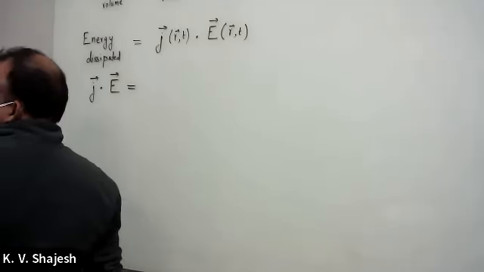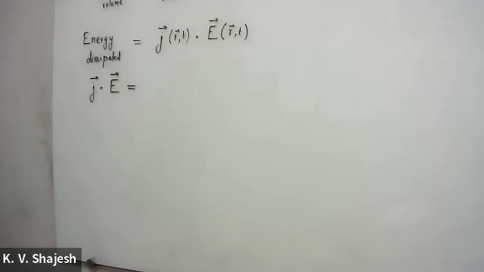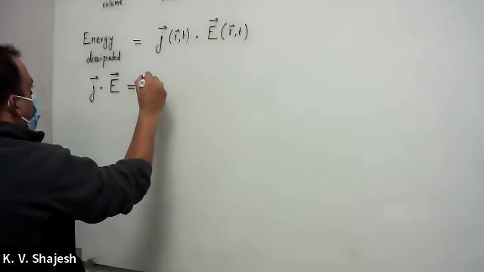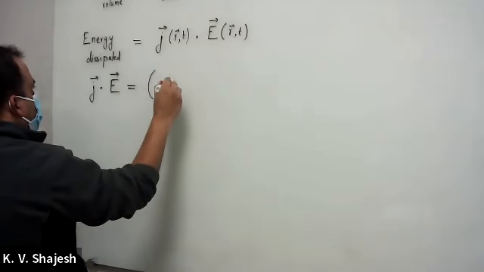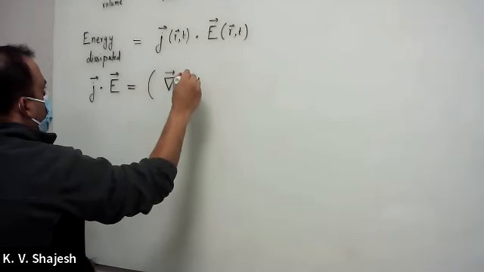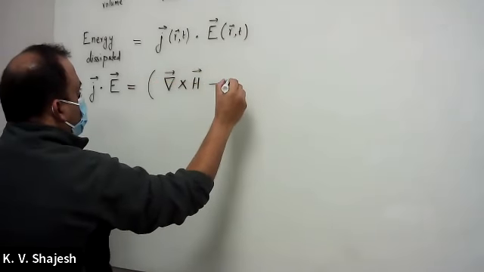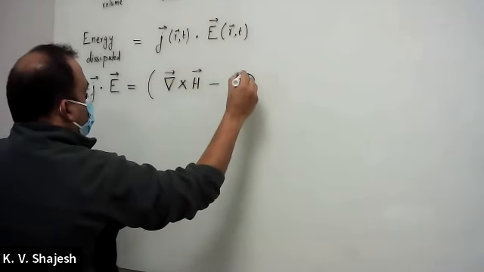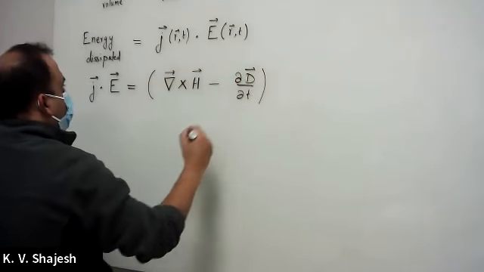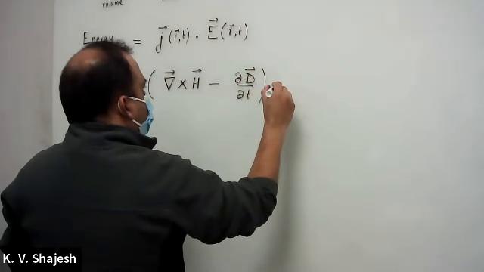So J, according to Maxwell's equation, is this, right? So let me put that in there. So that's the curl of H minus the time derivative of the displacement field, dotted with E.